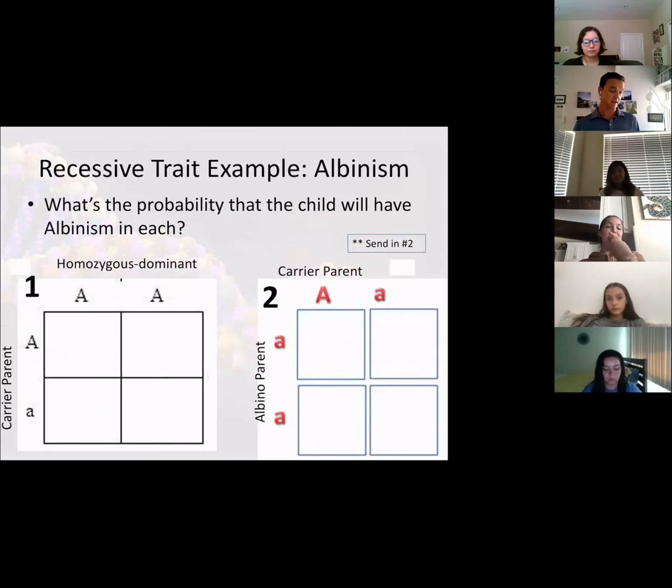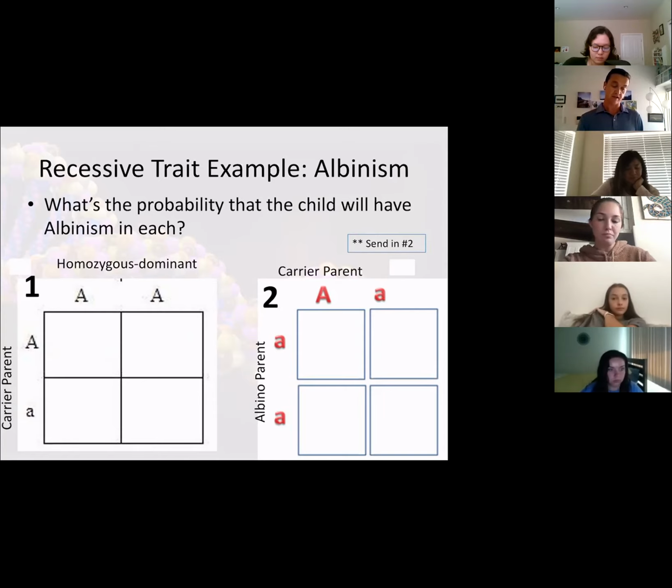Okay, so the next one here, this is an example with a recessive trait now. Okay, so recessive trait means we need both of them to be the lowercase one in order to actually see that phenotype expressed. So albinism is the trait here, and so we've got two different matches here again.